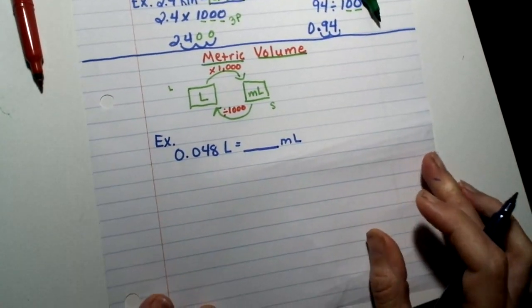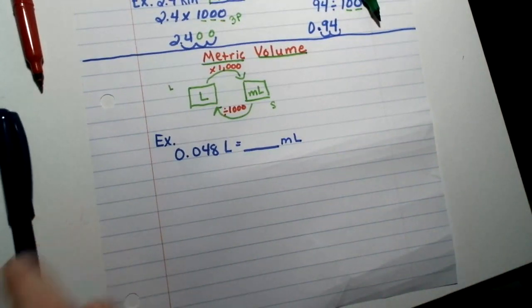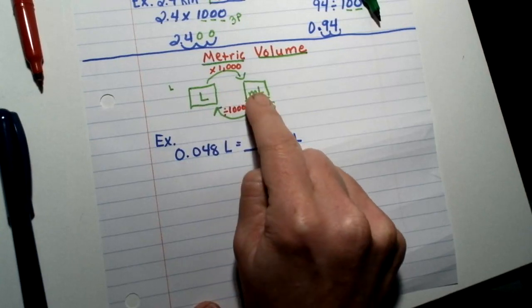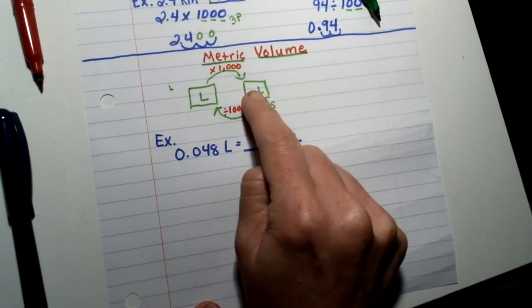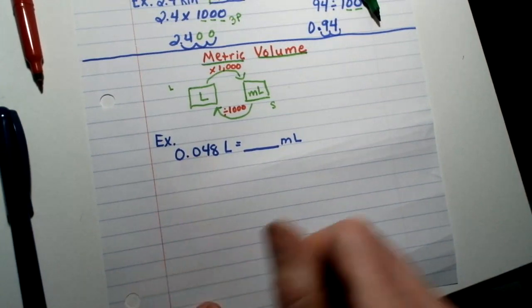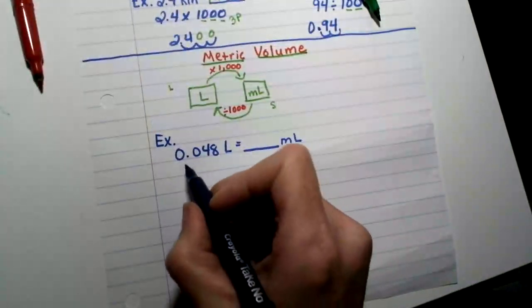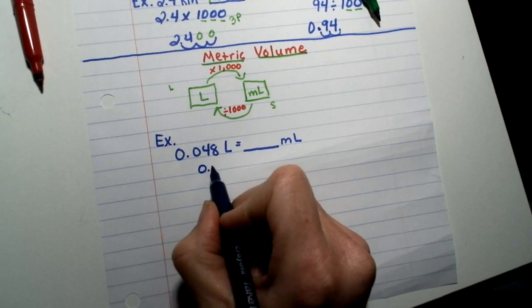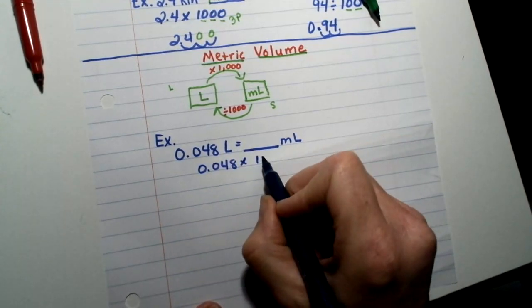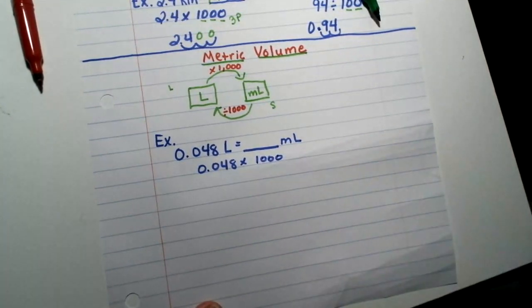Okay. So the first thing I always do is just look at my chart and see my liters are here, my milliliters are here. Oh, I'm going larger to smaller. I'm going to be multiplying this 48 thousandths times 1,000. So I'm going to go ahead and write my number sentence down so I know what I'm doing. And don't try to do it in your head because you will make mistakes. Promise, you will.